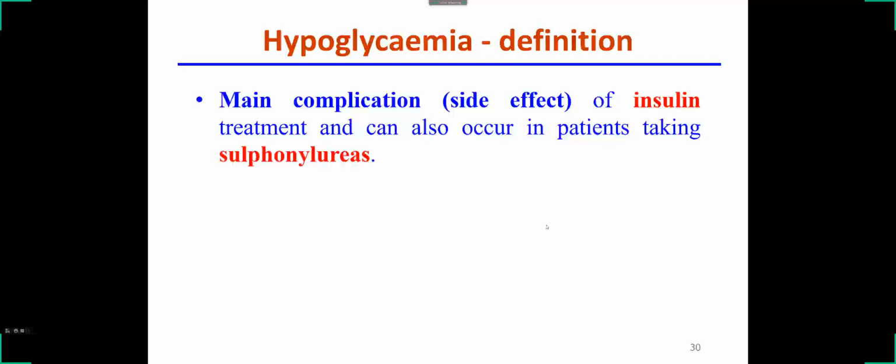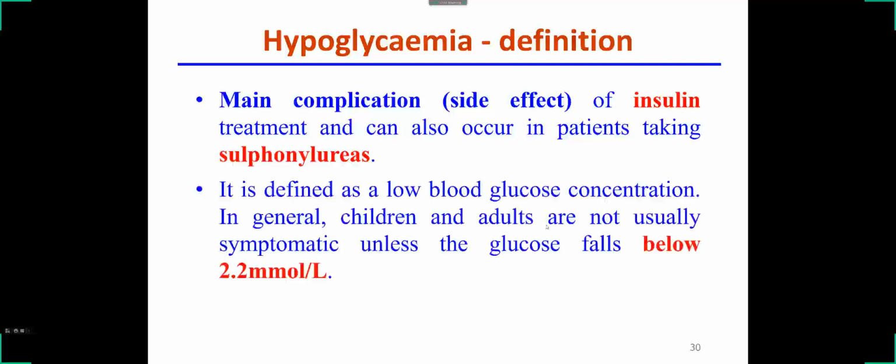So, what is hypoglycemia? Hypoglycemia is the main complication or side effect of insulin treatment, and it also occurs in patients taking sulfonylureas because of the mechanism I just told you. Imagine if you take too much sulfonylurea and you completely block those potassium channels, so you essentially are just flooding insulin out of those beta cells.